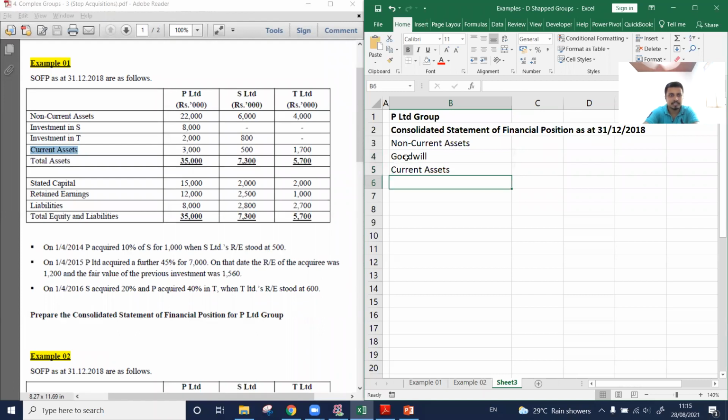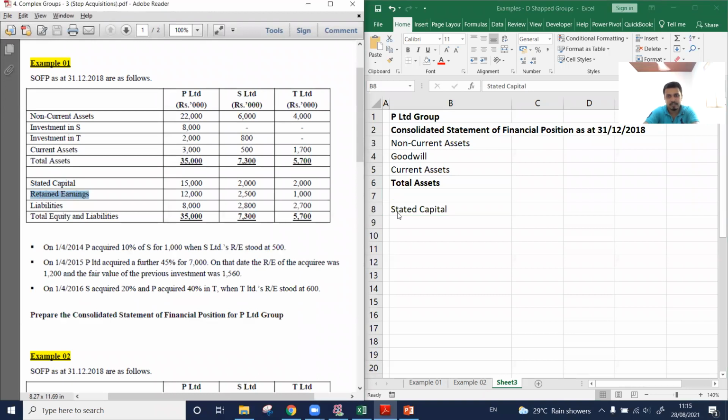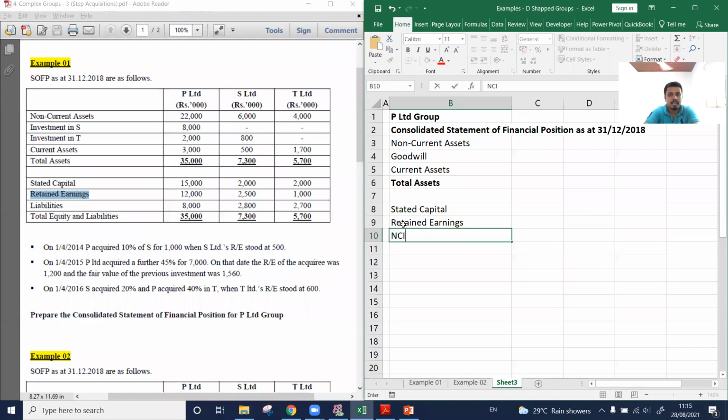And we have current assets and total assets. Then as equity, we have stated capital, we have retained earnings. Since we have subsidiaries, we should have the NCI value as well.